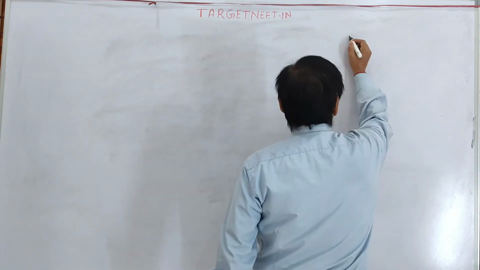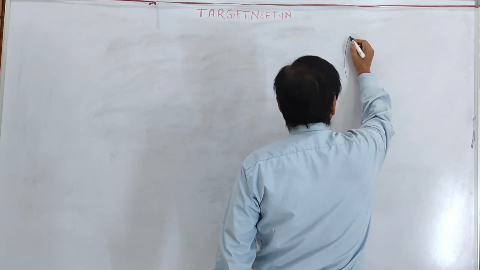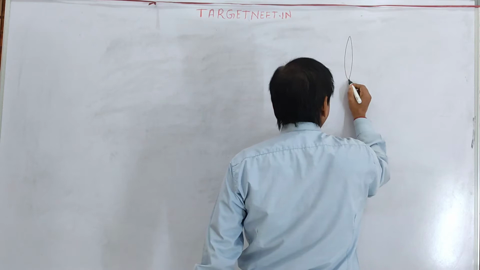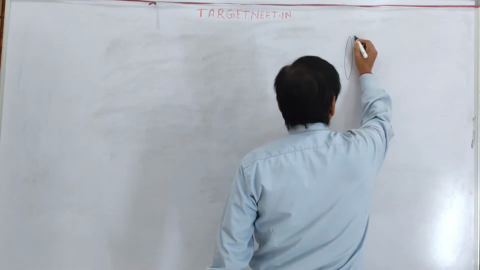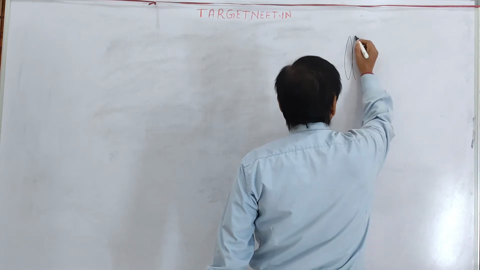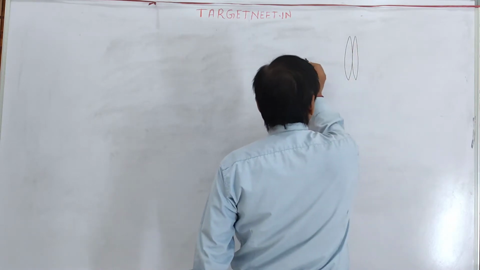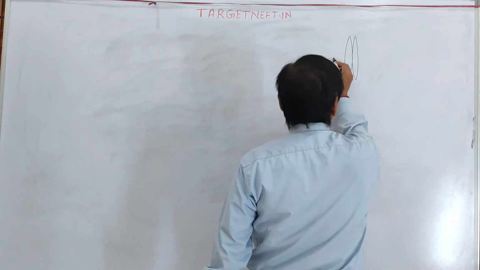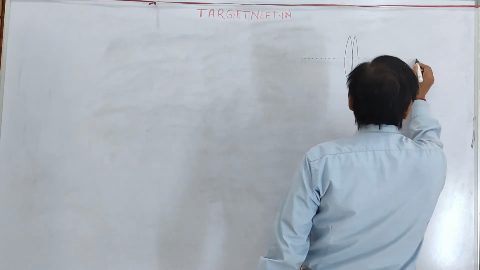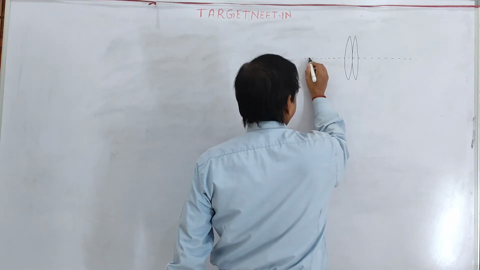Let us see lens 1 and this is lens 2. These lenses are thin lenses kept in contact. Suppose this is the common axis because they are placed coaxially, and this is, suppose, an object O.